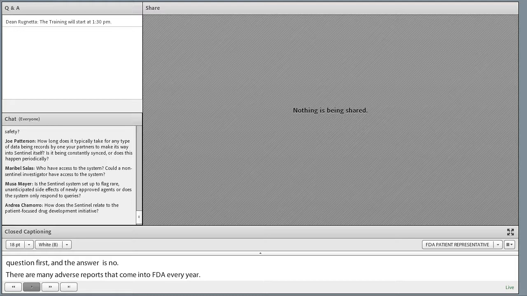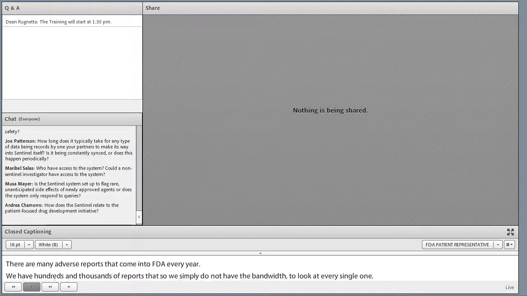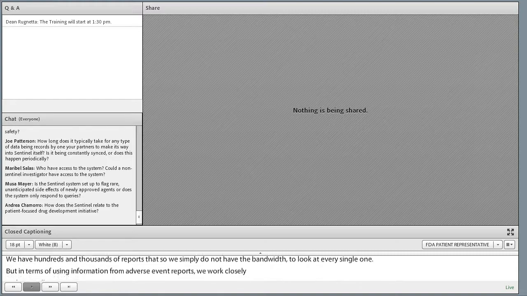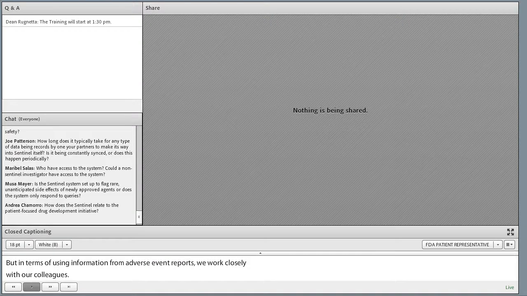But in terms of using information from adverse event reports, Sentinel absolutely does that. We work closely with our colleagues in the Division of Pharmacovigilance, who receive and sort and filter through those adverse event reports to see if they can detect any patterns.